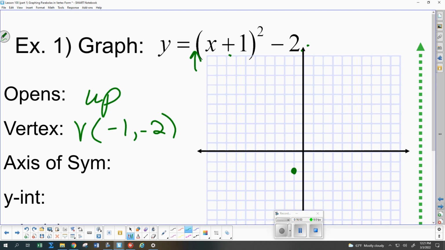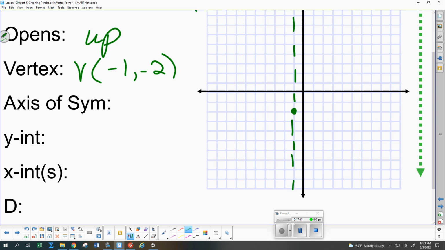And it's going to open up. And my axis of symmetry needs to go through that vertex. So what is my equation of the axis of symmetry? Yo-Yo, you want to help me with that? What's the equation of that vertical line that I just drew going through -1, -2?